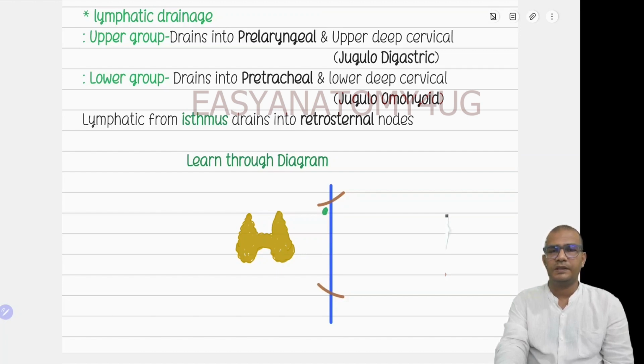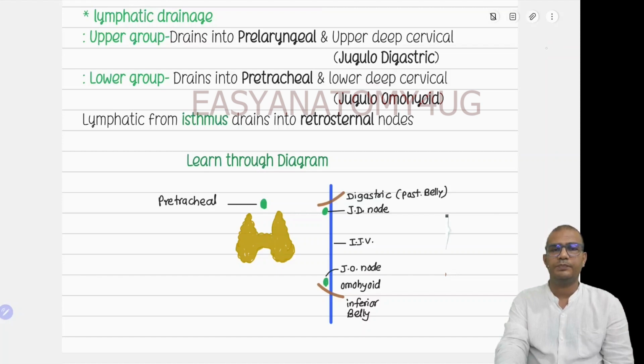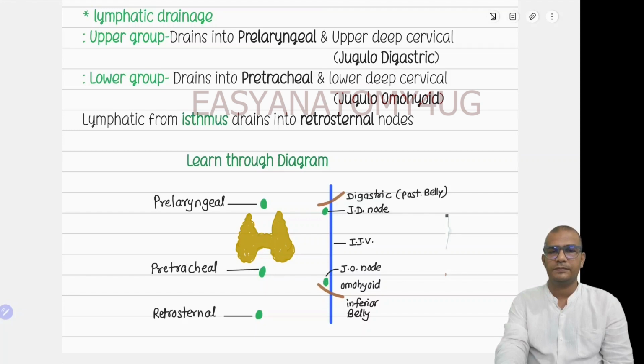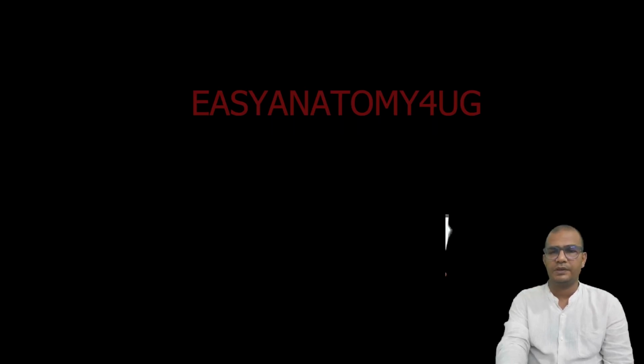In the upper part, it is the jugulodigastric lymph nodes, and in the lower part, it is the jugulo-omohyoid lymph nodes. Now show the pre-laryngeal lymph nodes, and in the lower part, show the pretracheal lymph nodes, and draw the retrosternal lymph nodes and show the lymphatic drainage to the respective group of lymph nodes as we have discussed.